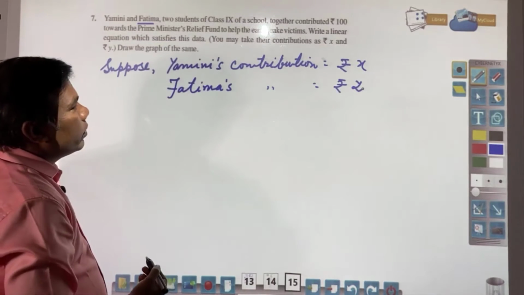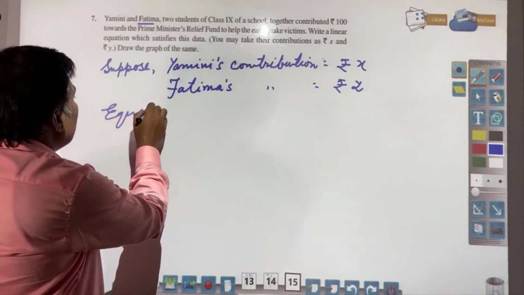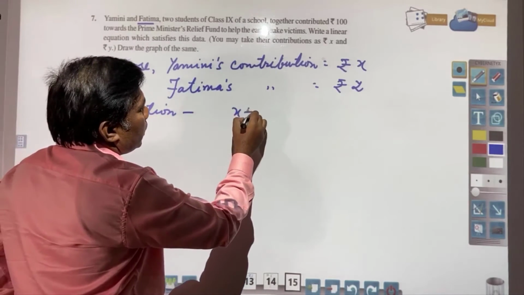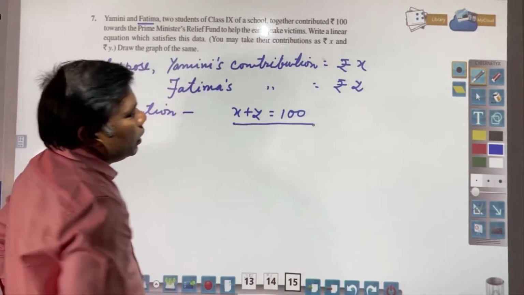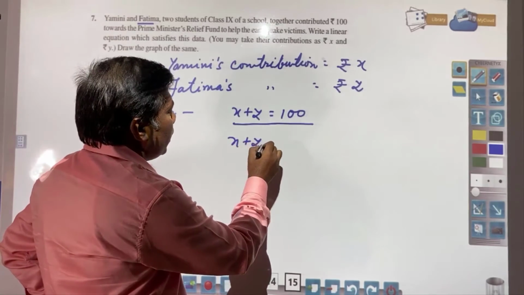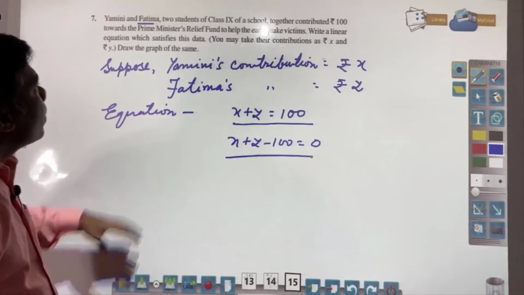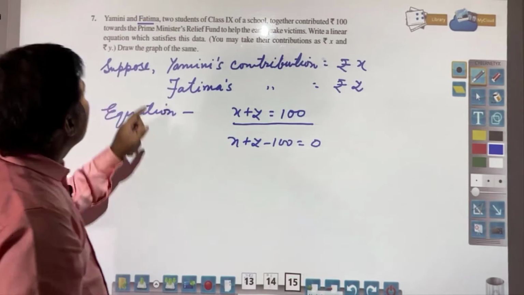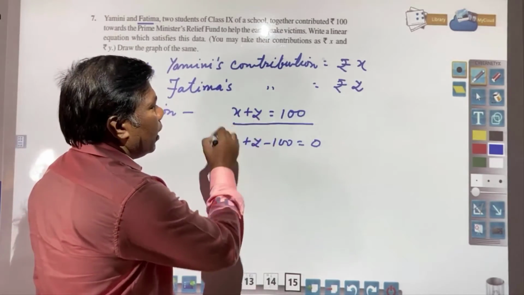Both of them have contributed, so your equation will be X plus Y is equal to 100. This will be your equation. X plus Y is equal to 100, or you can write X plus Y minus 100 is equal to 0. This is your equation. Now, draw the graph of the same. You need to draw a graph of this.